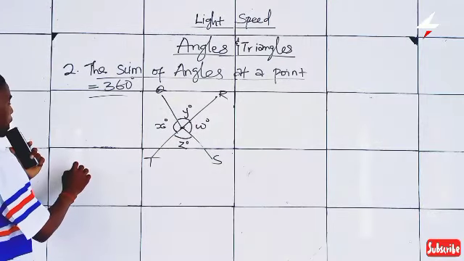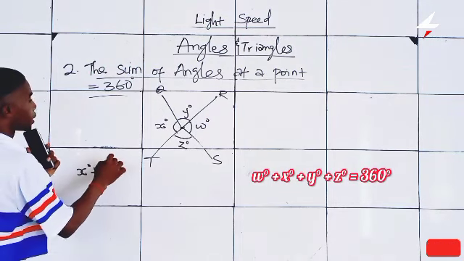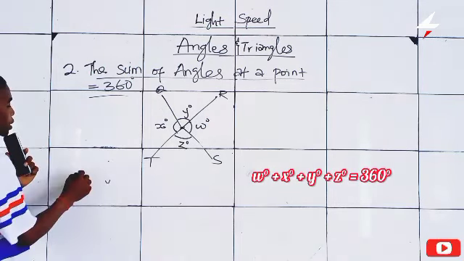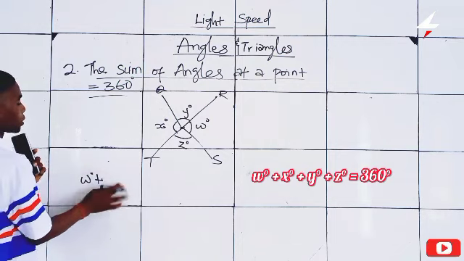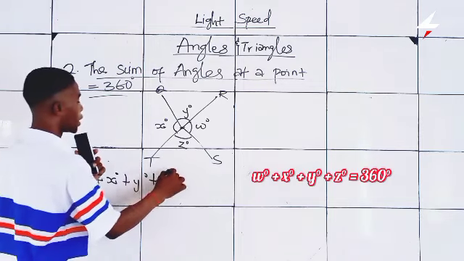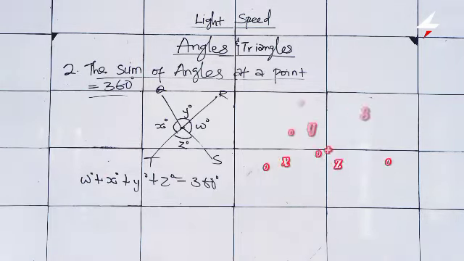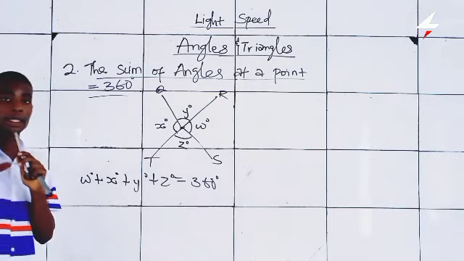Let's start with W first, it's easier there. W degrees plus X degrees plus Y degrees plus Z degrees is equal to 360 degrees. That's what the law says. So the law is very easy and quite simple.